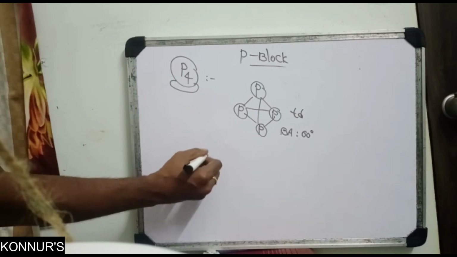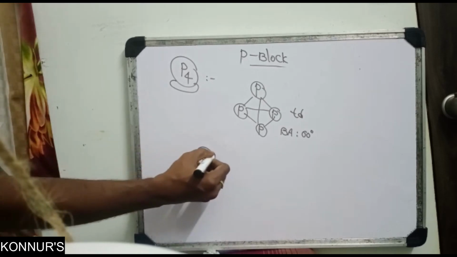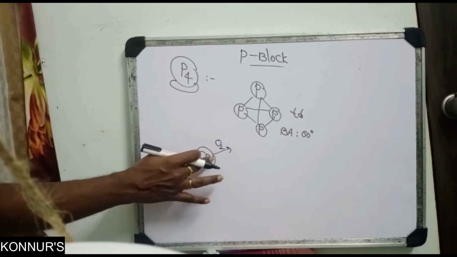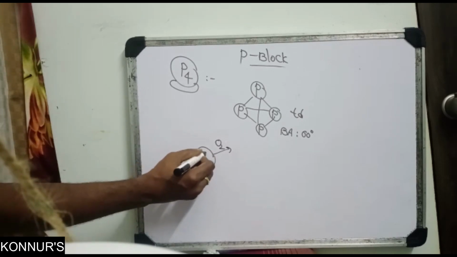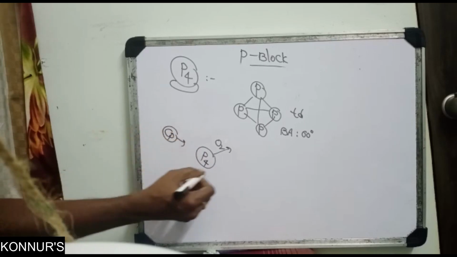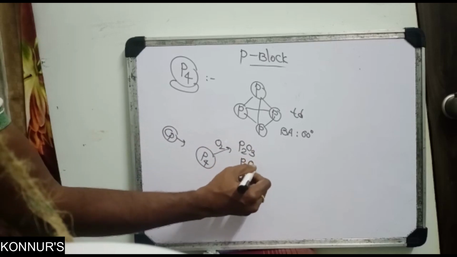So those chemical properties you can see. In the chemical properties, generally what? Phosphorus reacts with oxygen. So what will you get? P2O3 or P2O5.